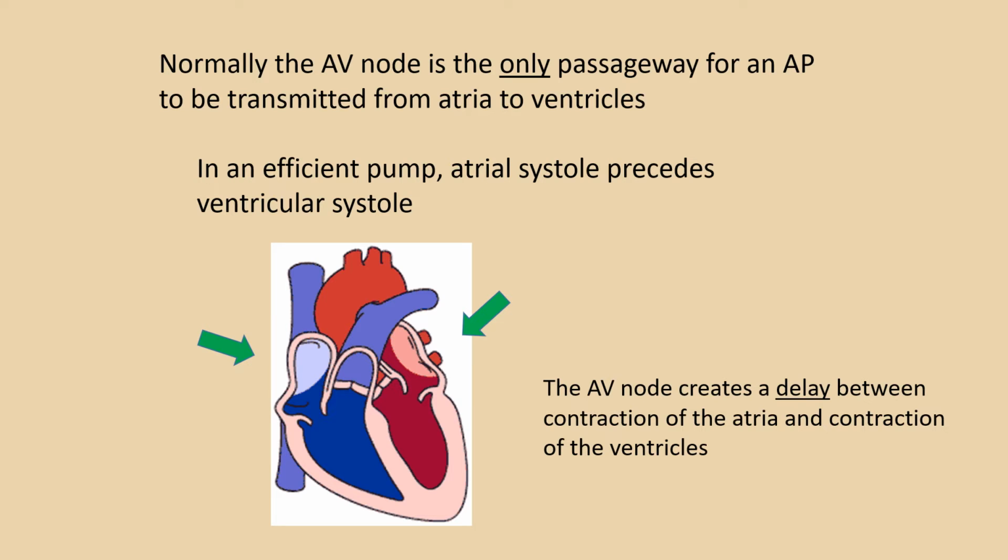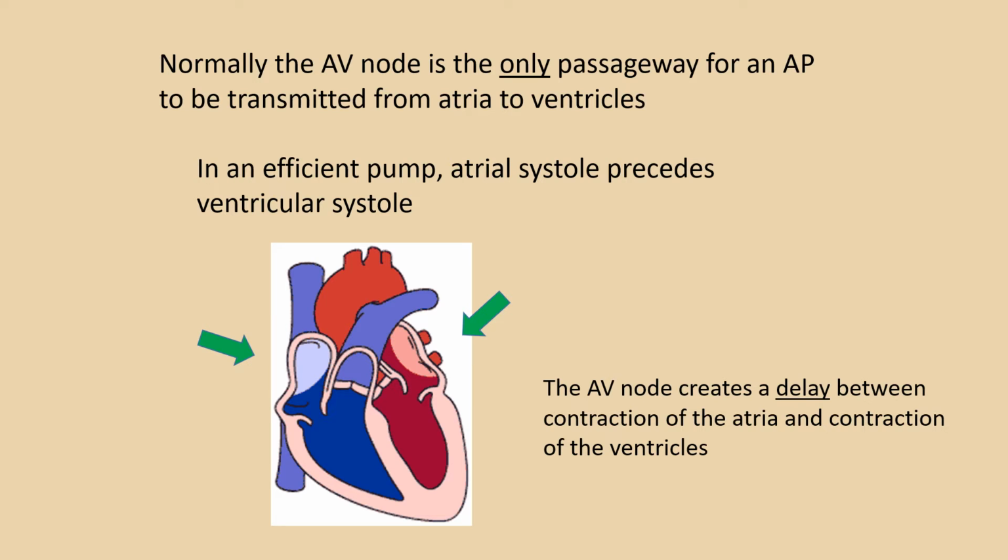In this diagram, the way the artist has drawn the heart, we see that this heart is in atrial systole. That means that the atria are contracting, and we can see how the atria are pinched in. During atrial systole, extra blood is moved from the atria into the ventricles. And it's important that the atria contract first in order to push this extra blood into the ventricles.